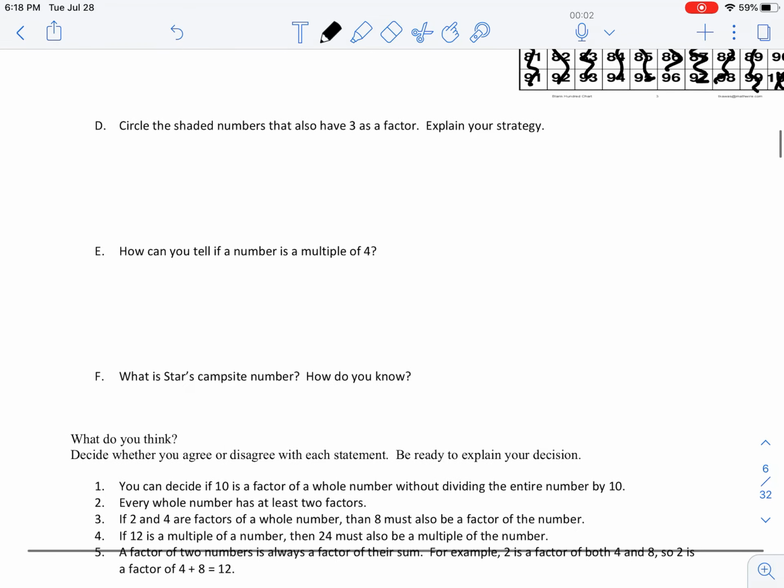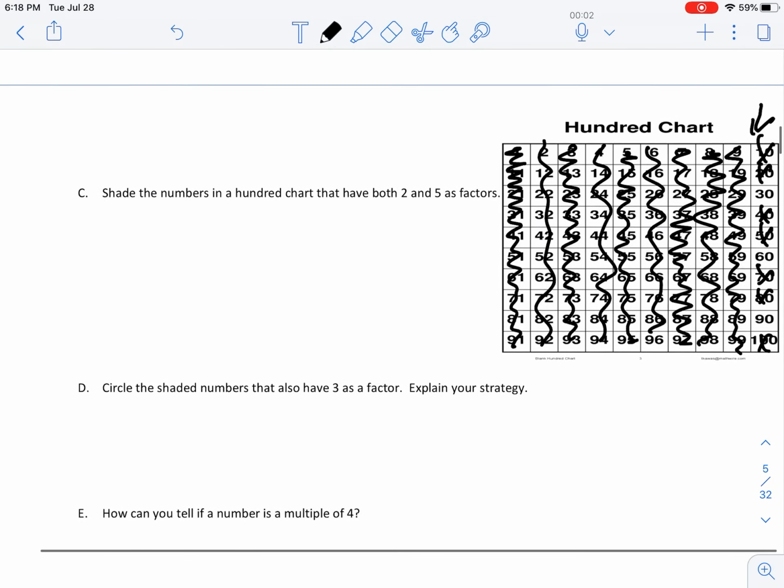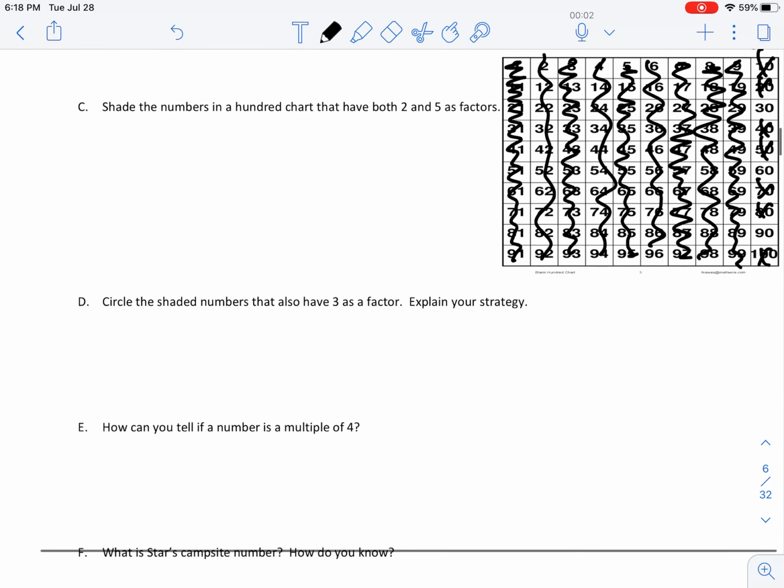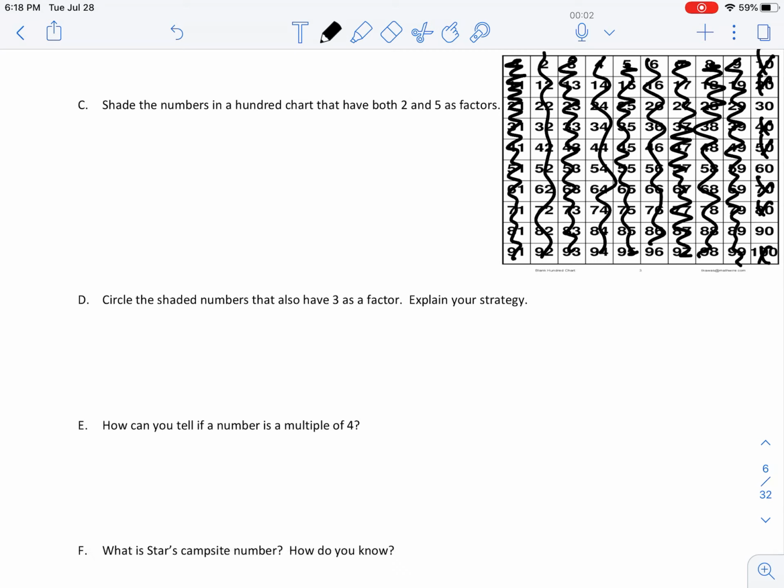How can you tell if a number is a multiple of 4? Well, remember we would take the tens digit. So let's do 3 times 2 is 6, plus the ones digit, 0. Does 4 go into it? No. So I'm going to cross off 30. Then I'm going to take 6 times 2 is 12, plus 0 is 12. 4 goes into it?